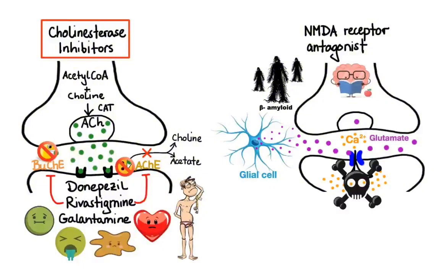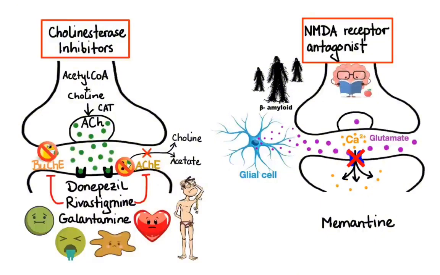To address this potential problem, scientists developed an NMDA receptor antagonist called memantine, which works by blocking NMDA receptors and thus limiting calcium influx into the neuron. Common side effects associated with memantine include diarrhea, headache, and insomnia.